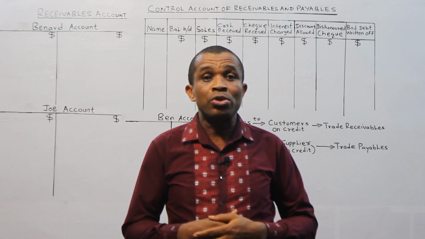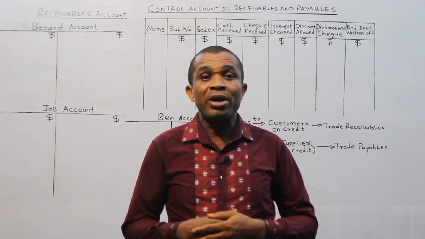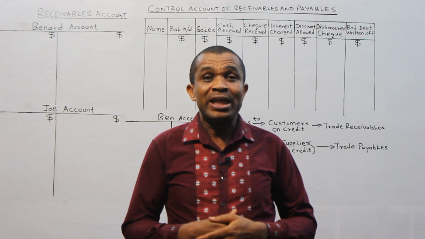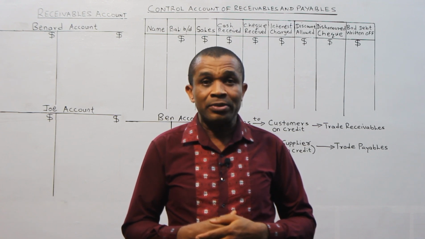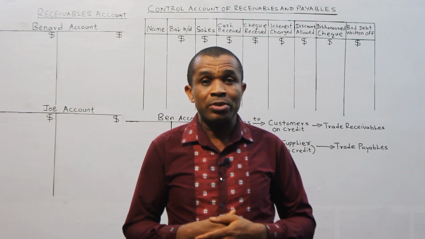When we sell goods to customers and no cash was received, we refer to them as trade receivables. On the other hand, when we refer to payables, we are talking about suppliers that supplied us goods without being paid. And such people are referred to as payables.